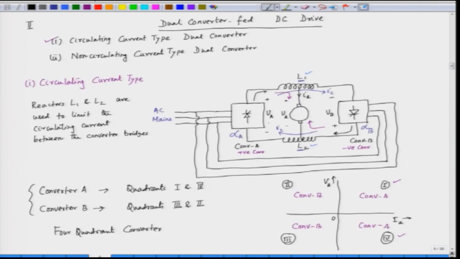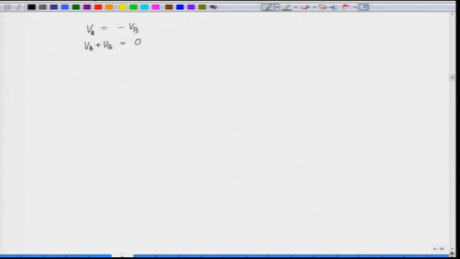The average voltage of converter A plus the average voltage of converter B should be equal to 0, because the inductors L1 and L2 do not have any average drop. So, when we say that VA plus VB equal to 0, what is VA? It is a fully controlled bridge.